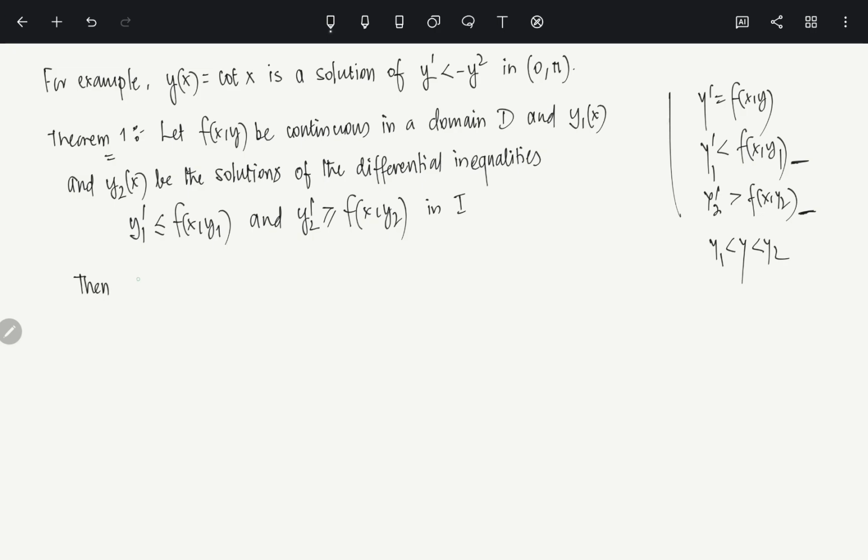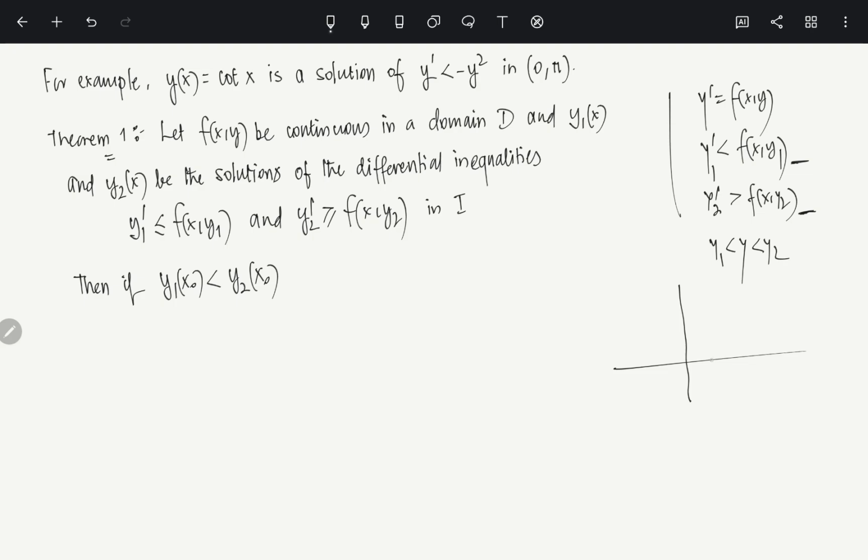Then if y1 of x naught is less than y2 of x naught, okay, so essentially what I am doing is, let us put it this way. See, y1 is following some rule and y2 is following some rule, right? And so essentially I want to trap my y between y1 and y2.